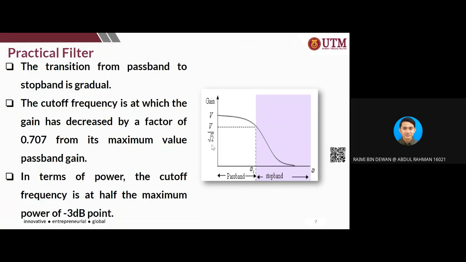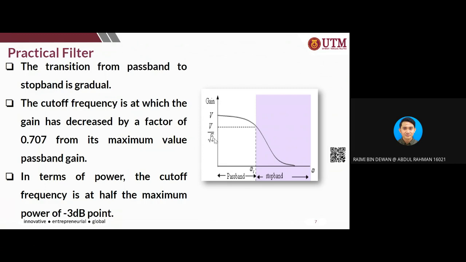If you take 20 log of 1 over square root of 2, you would have negative 3 dB.